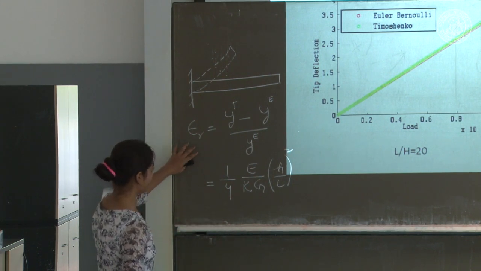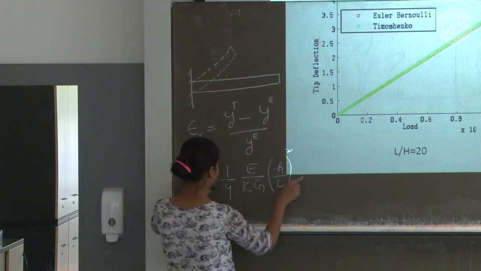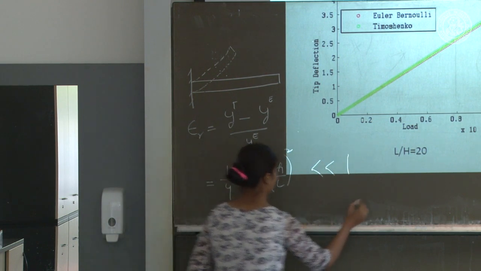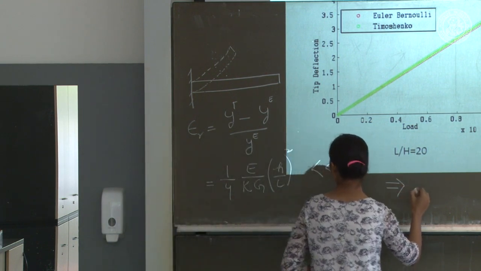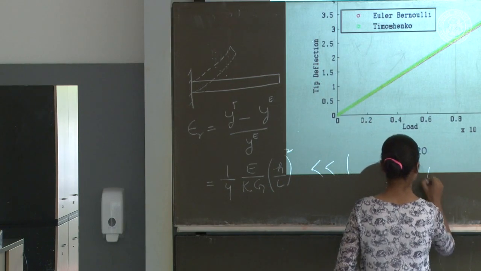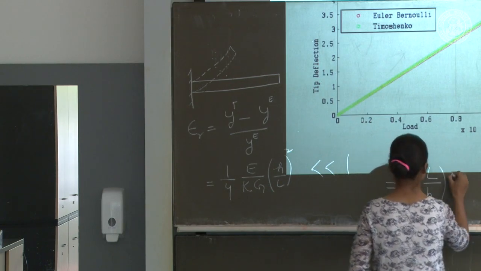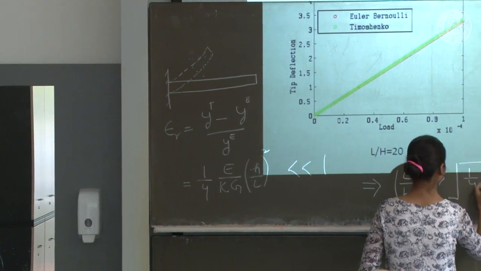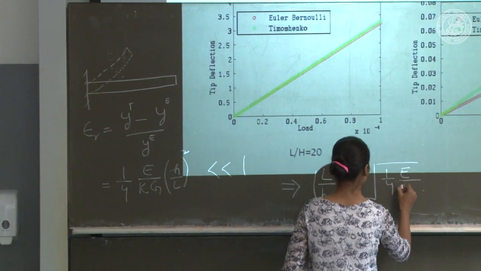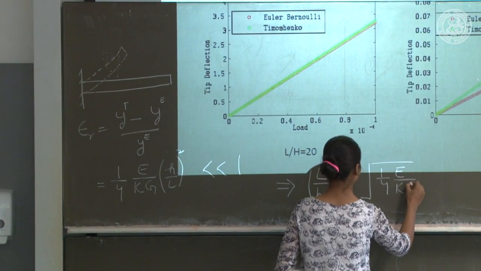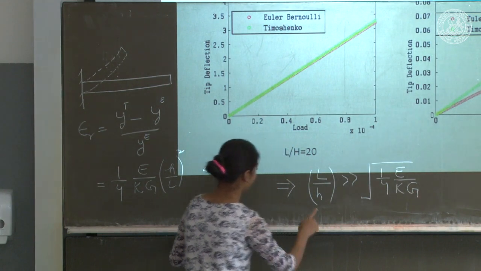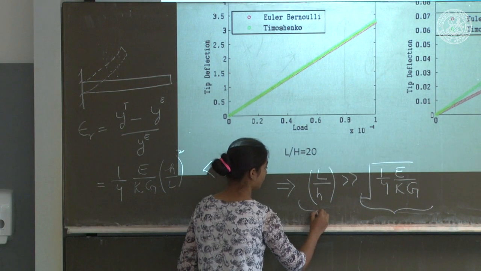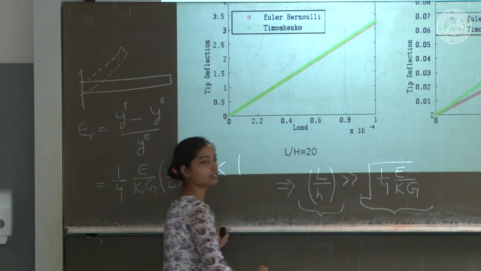Now for the error to be really small, we will put this value less than 1, so it will give me L by H is much greater than the square root of 1/4 E by kappa G. So for different values, here are our material properties and these are the geometric properties of the rod.